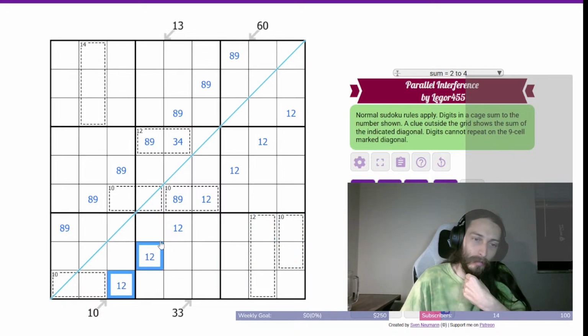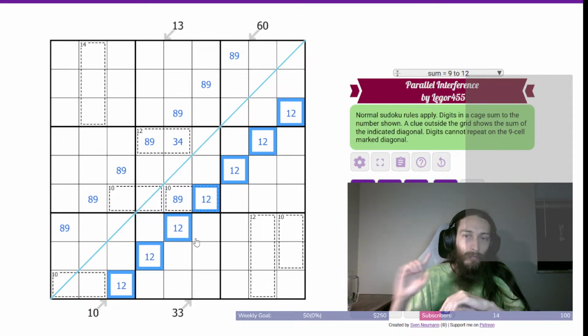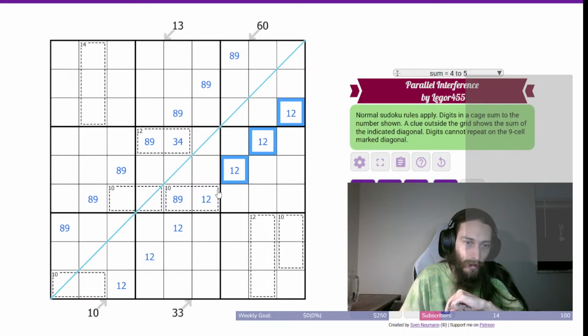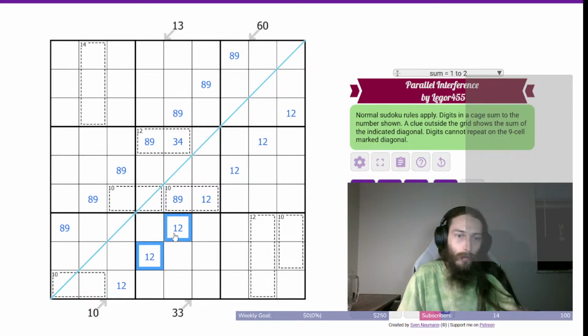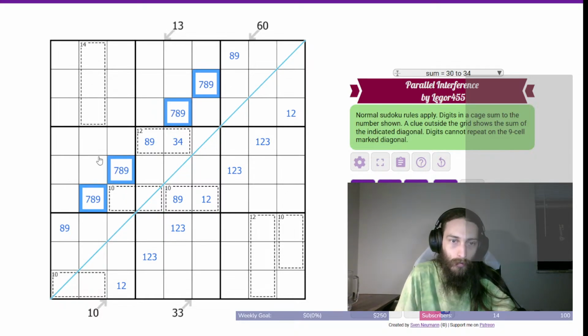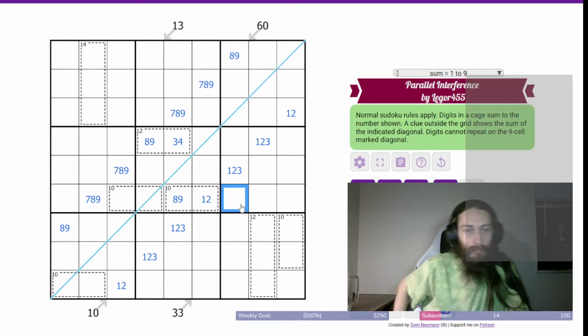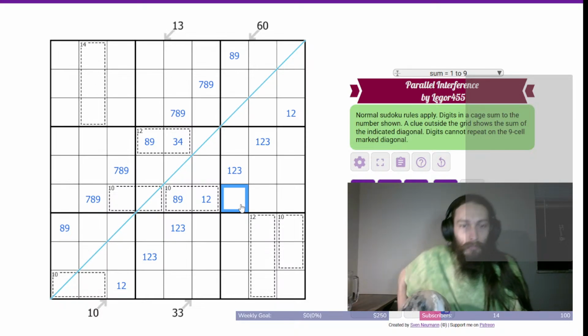Although, I just realized the minimum along this diagonal is 9, which means I have 1 degree of freedom across the entire diagonal. So I could put a 3. It could be a 1-3 pair in here, and these 3 are all 1s. Which would be the same in here. I could put a 7, and then these all be 9. Good thing you caught that. I didn't think about that.